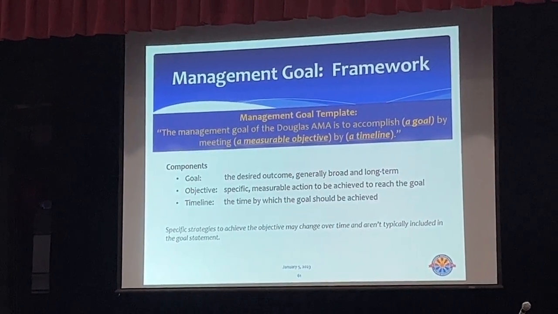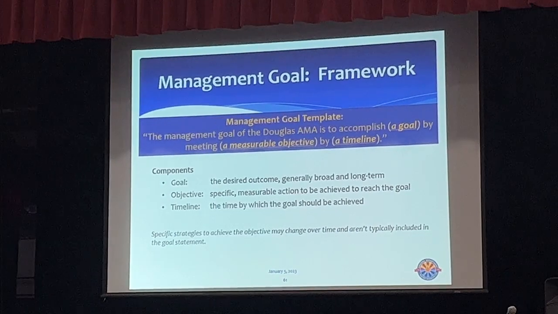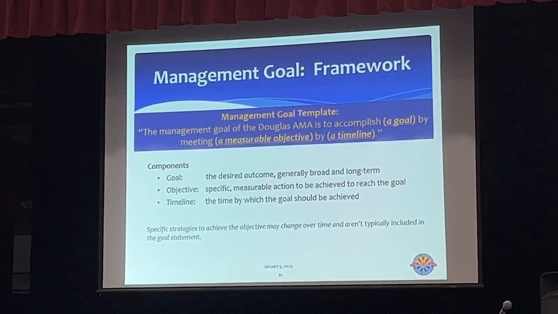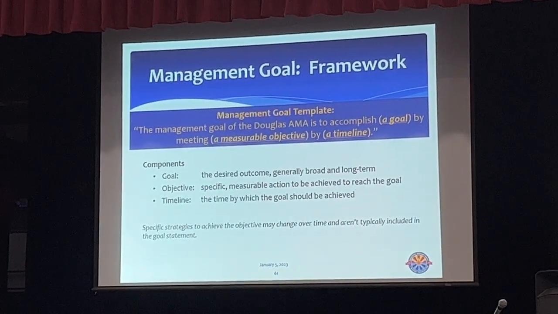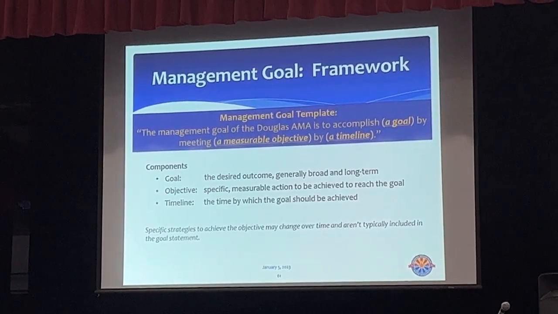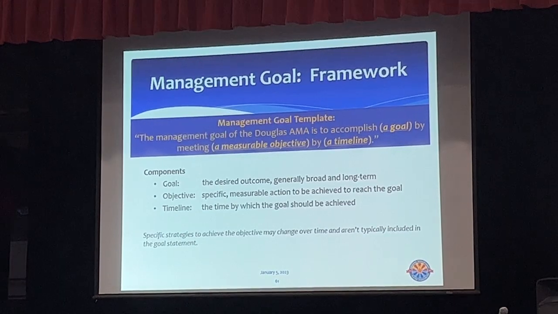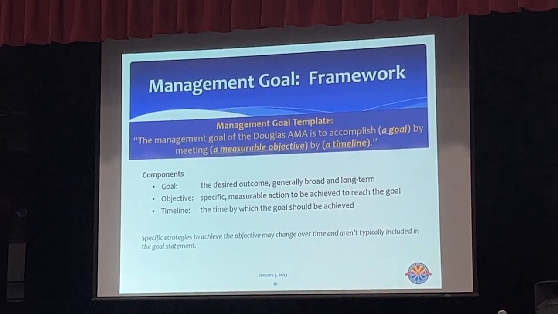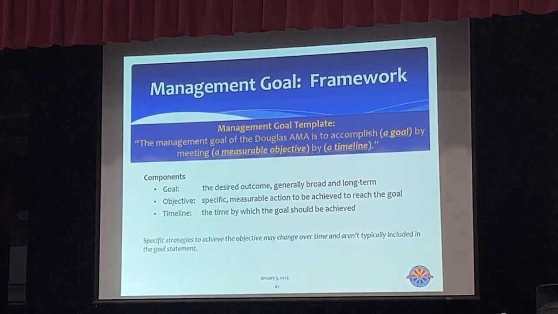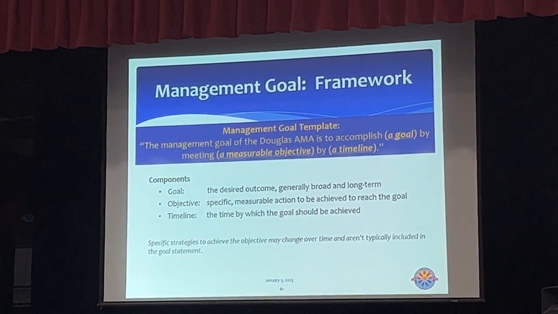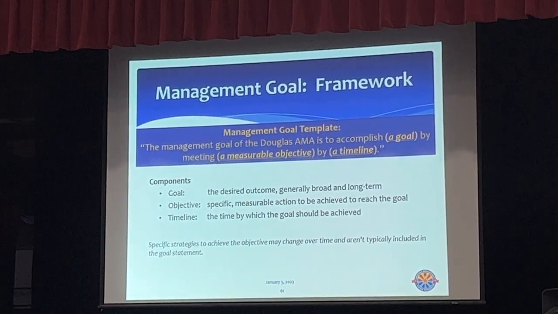For the management goals specifically, we wanted to provide a little bit of a framework for you all. We know when we talk about just a management goal as this big kind of amorphous thing, it can be a little bit difficult to imagine what might make a management goal. So we wanted to provide a little bit of a template, a little bit of a framework here to help generate some ideas and to help you all provide constructive input.